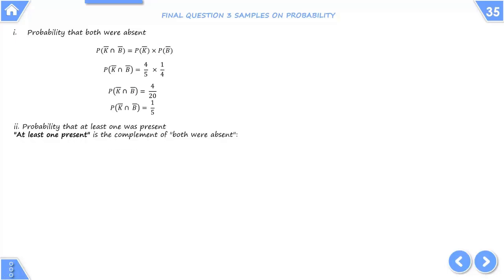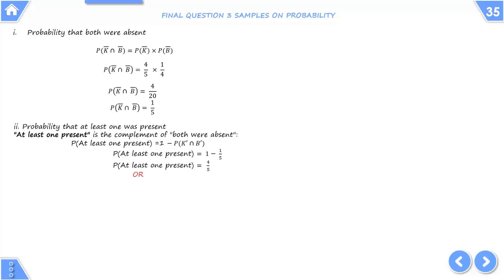Take note of that particular concept. At least one present is a complement of both were absent. So at least one is present equals 1 minus both were absent. And we have 1 minus 1 out of 5, because we saw that in the earlier question. We have 4 out of 5.